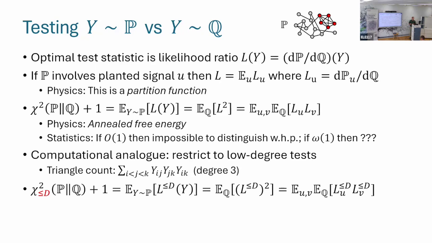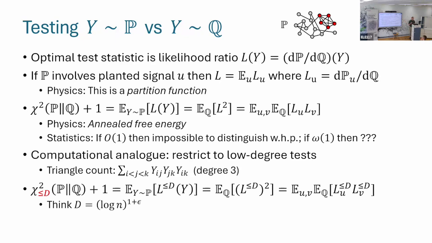And so there's a low degree chi-squared divergence where you do all the same stuff, but there's something called the low degree likelihood ratio where you've projected everything onto the subspace of low degree polynomial functions. And so all the same stuff holds, but you think of this as a computationally bounded version of the previous argument.